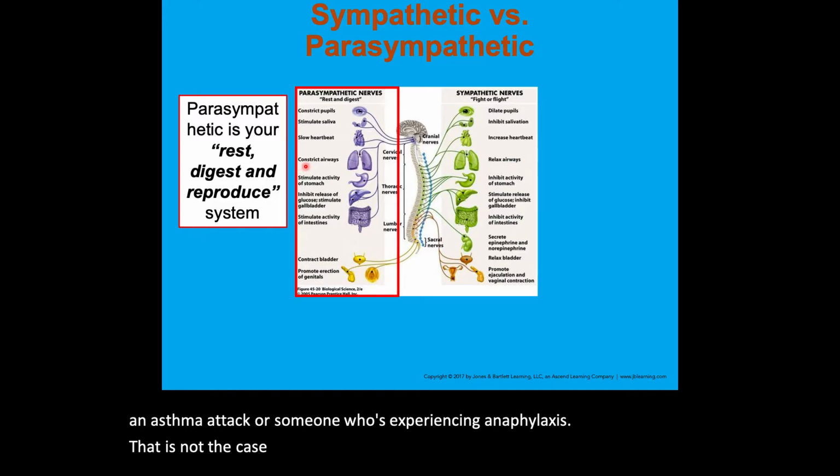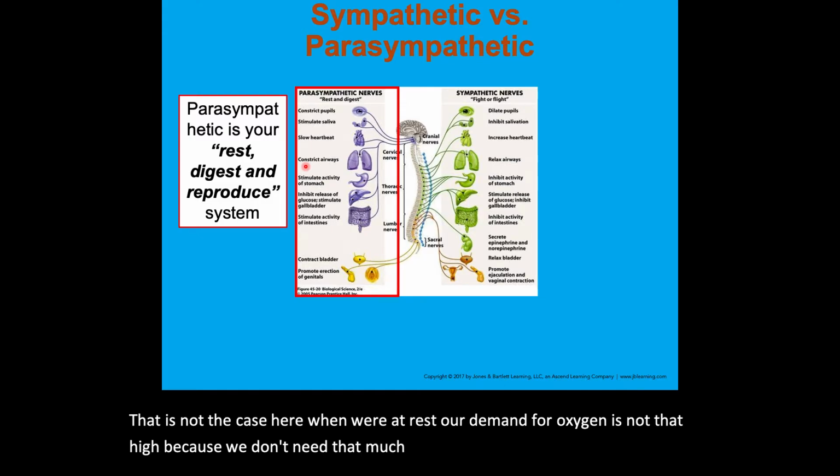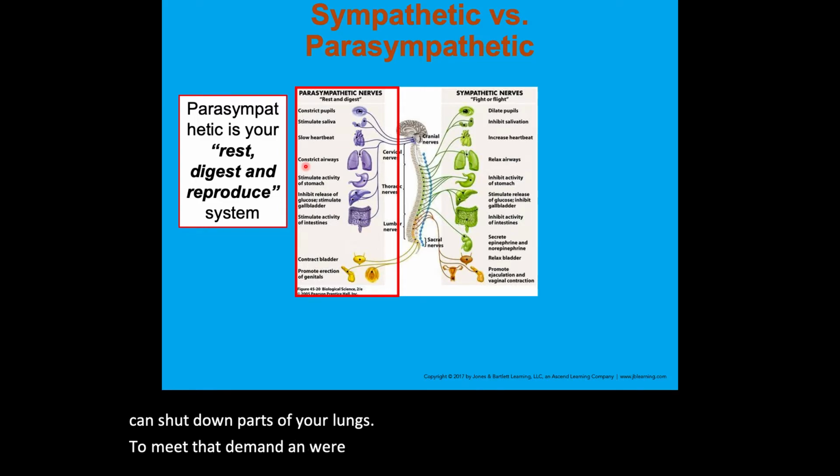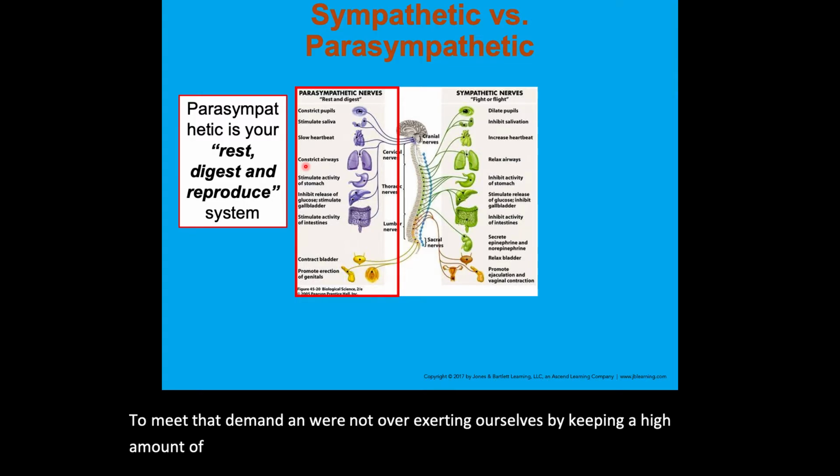When we're at rest, our demand for oxygen is not that high because we don't need that much energy when we are at rest. So your body can shut down parts of your lungs to meet that demand. And we're not overexerting ourselves by keeping a high amount of oxygen coming in throughout the day.